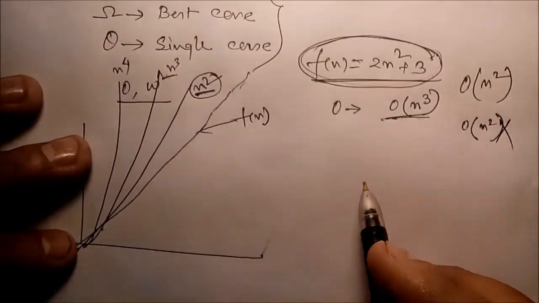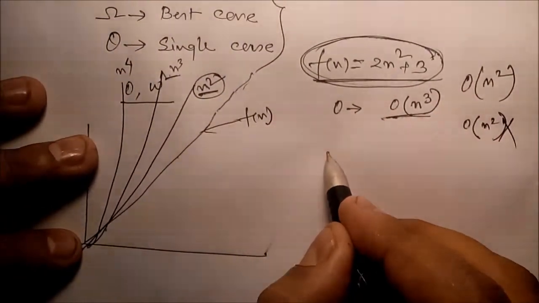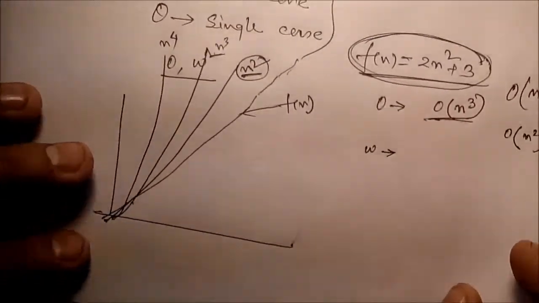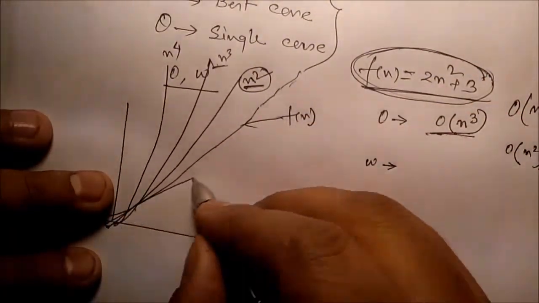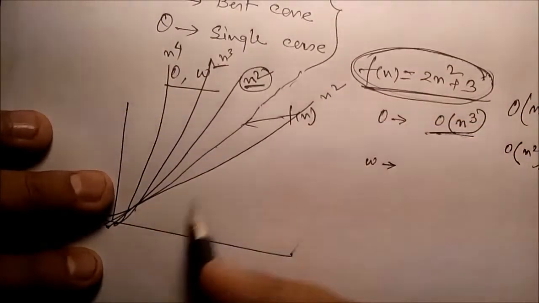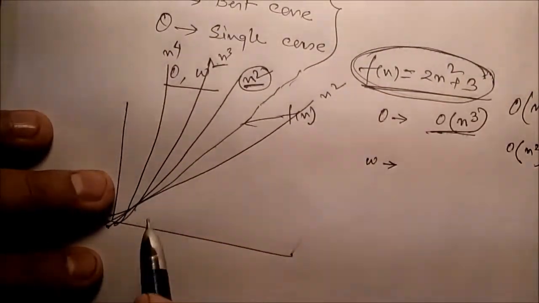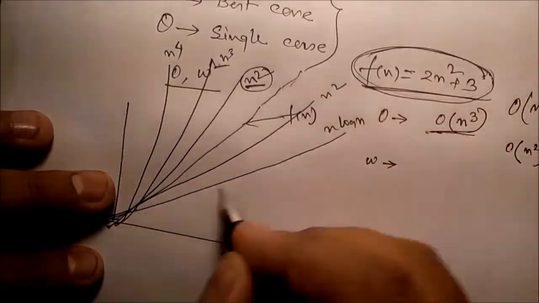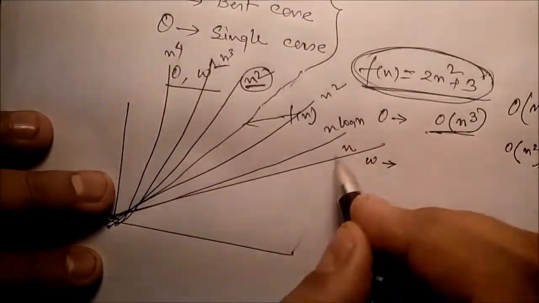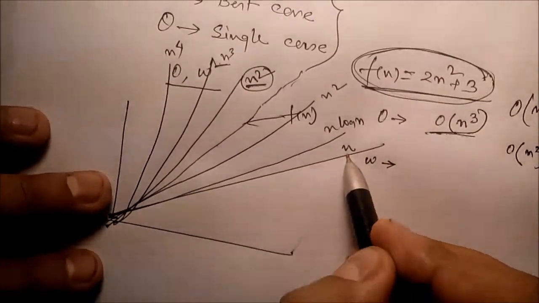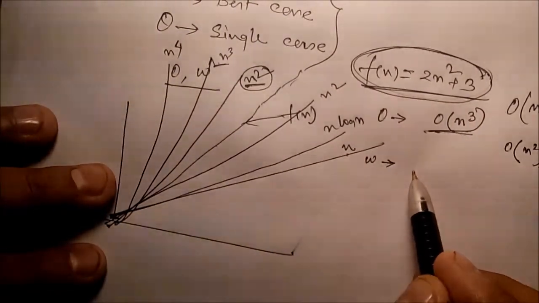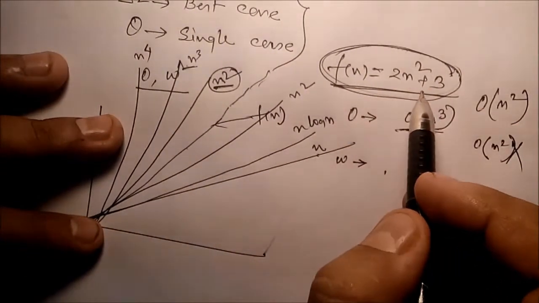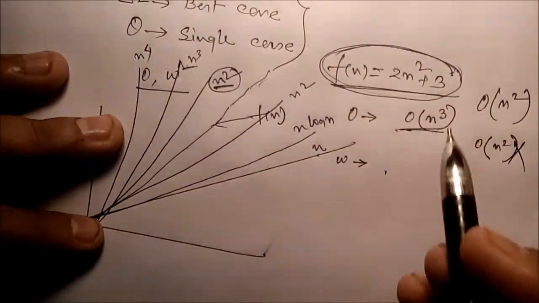Similarly, small omega we can use for a lower bound that is not asymptotically tight. If n square is the best case complexity, then n log n is also a best case, even n is a best case. So assume f(n) equal to 2n square plus 3 is a best case complexity.